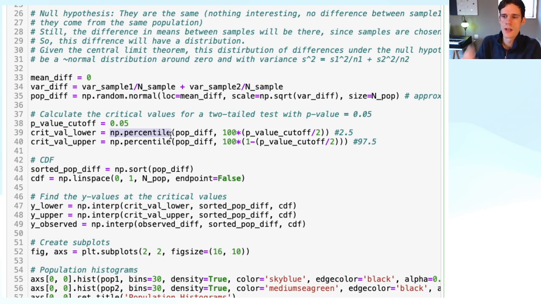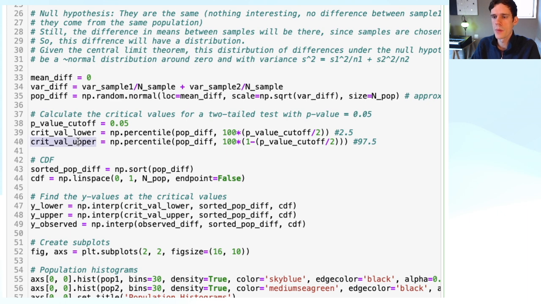So we actually need two numbers. The lower value will be the 2.5th percentile, so the percentile corresponding to 2.5% of our population of sample differences. And this number right here should be just 2.5. We have our p-value cutoff, which is 0.05. We divide it by 2 and we multiply by 100 to get a percentage.